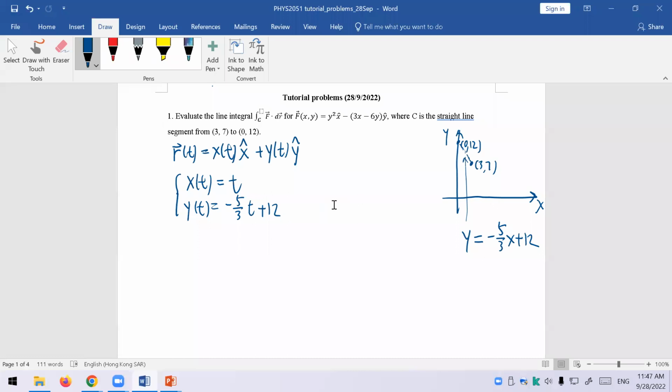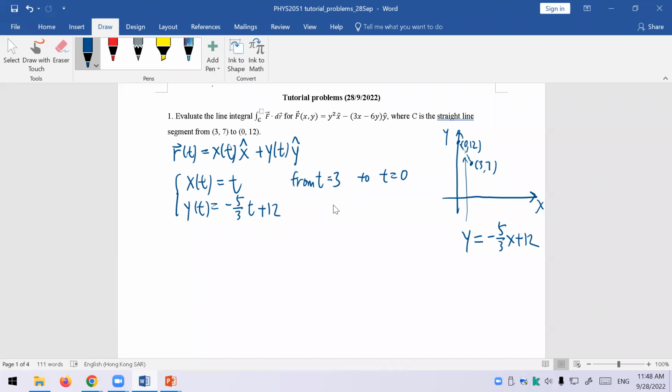Now t goes from 3. The initial x coordinate is 3, and the final x coordinate is 0. It's okay to go negative. So t goes from 3 to 0.